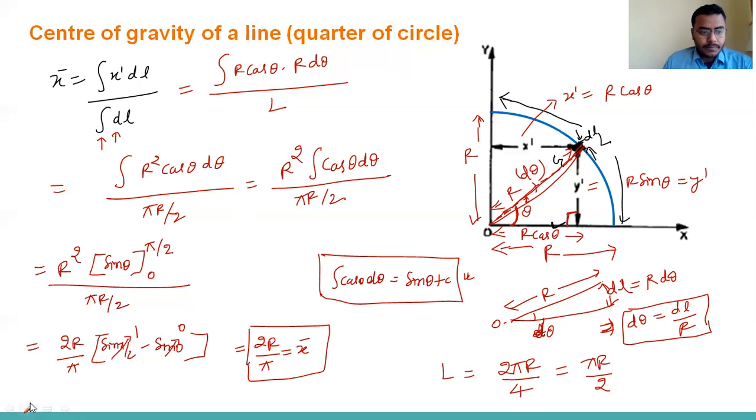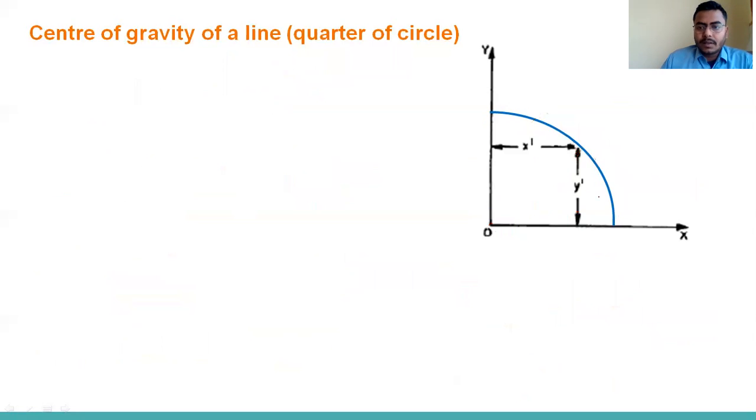Similarly, you can calculate y bar also. Let me show you. Here we get y dash, that is r sine theta. Here, this is r, this is small d theta, this is theta. And the total length we get, pi r by 2. Right.